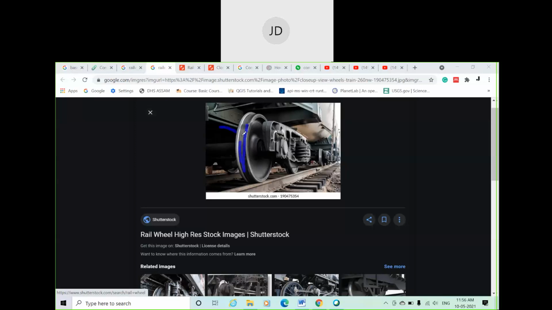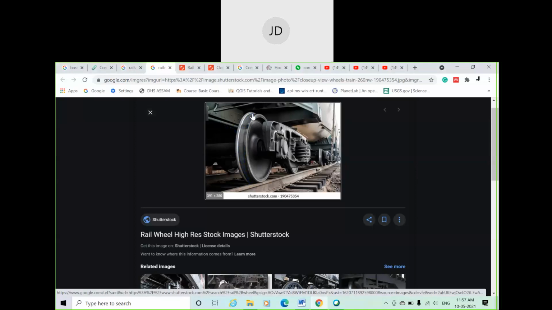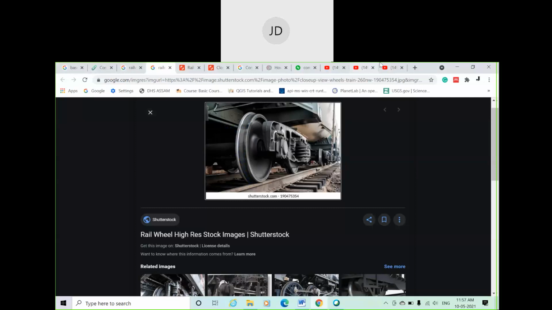The inner part is called rim or tread. And you can see, not exactly clearly, but it is in a conical shape. It is in a kind of conical shape. Got it? Is it clear?